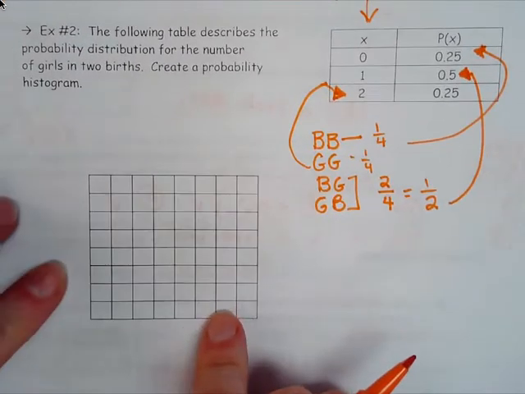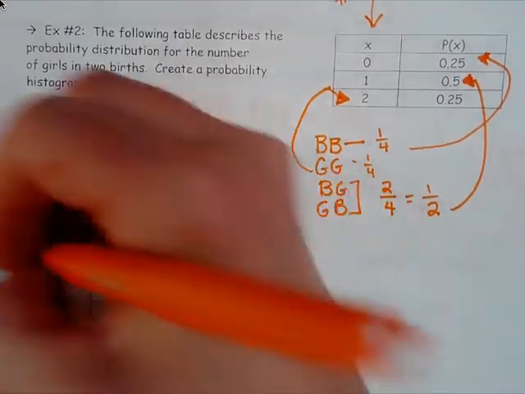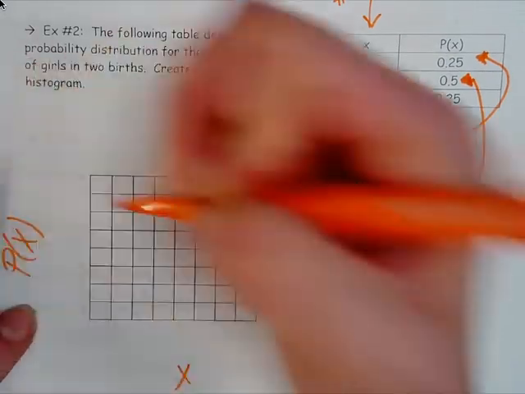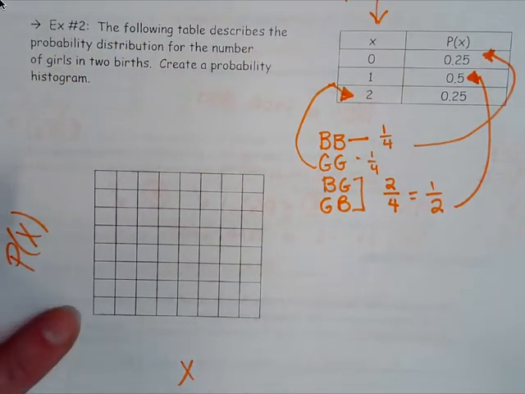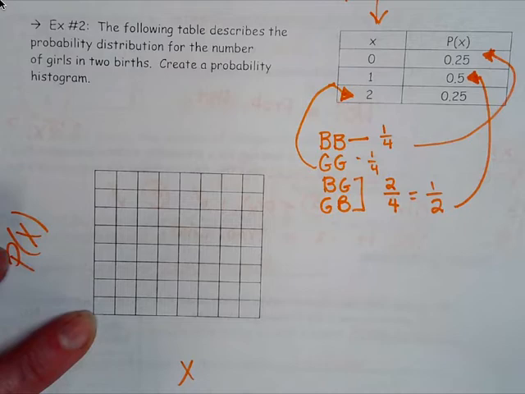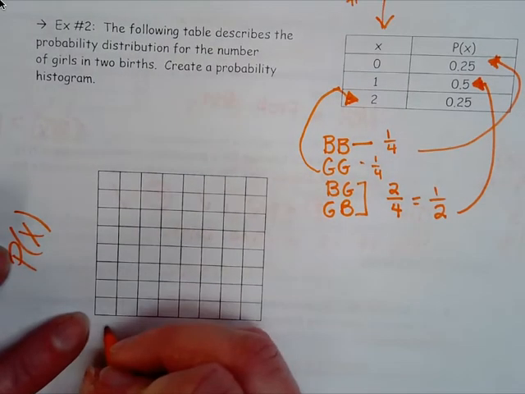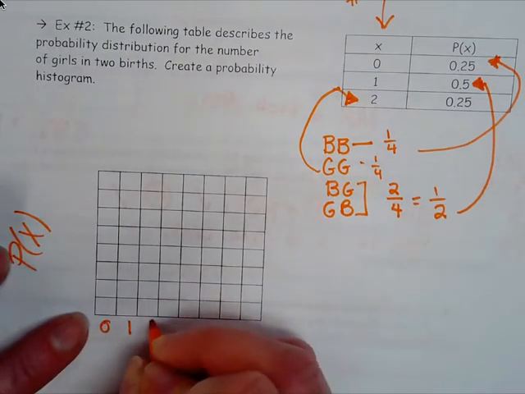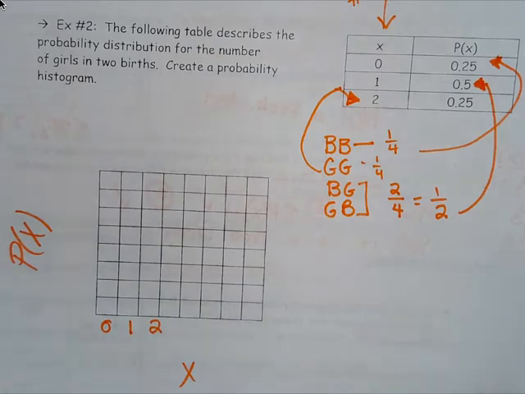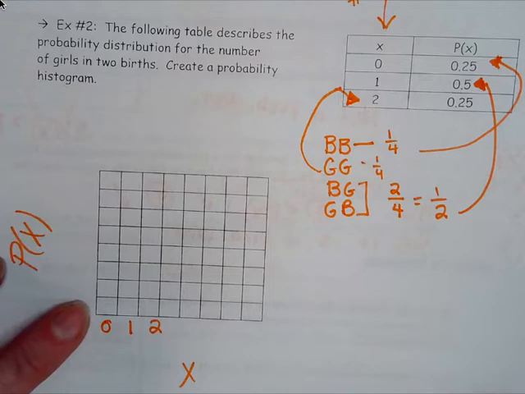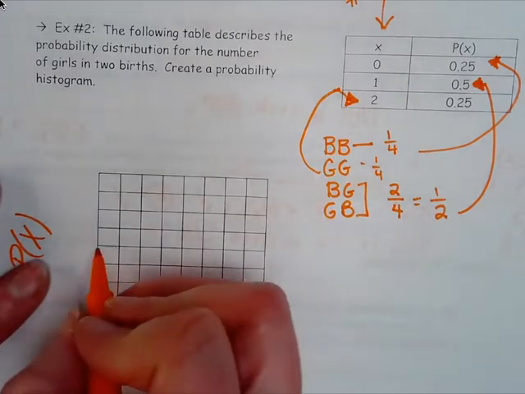So to make this probability histogram, this would be X, this would be P of X. So your horizontal would be the 0, 1, and 2. And then your vertical would be 0.25, 0.5, 0.25.